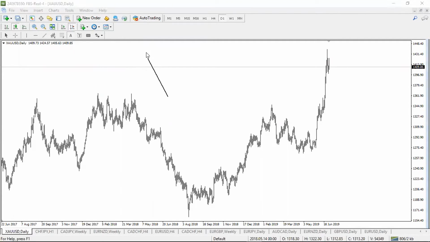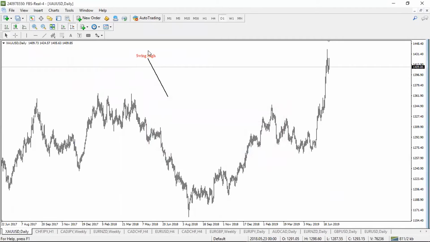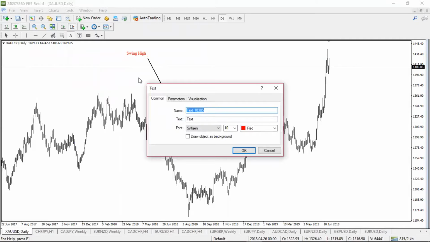At the top, you have your swing high, the highest price. So this leg going down is your impulse. These are impulse moves, the moves that are going in the direction of the trend. So this is your impulse move.